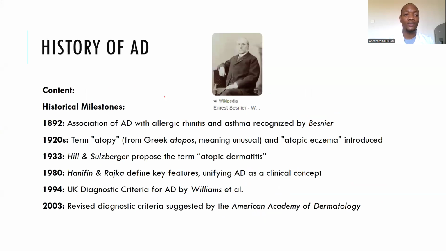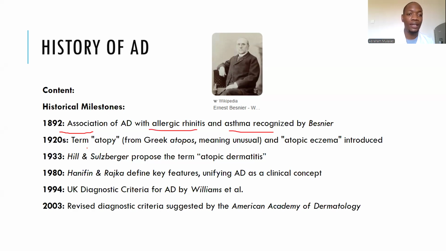So when I look at the history of how this condition came into clinical description as an entity, in 1892 we see a scientist called Besnier who associated atopic dermatitis, what we're seeing on skin, with allergic rhinitis.